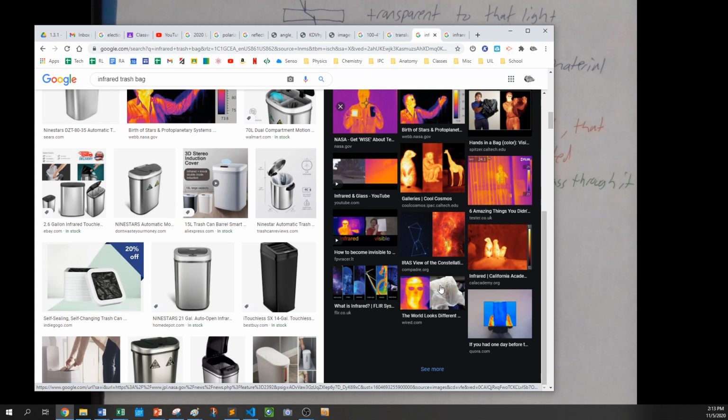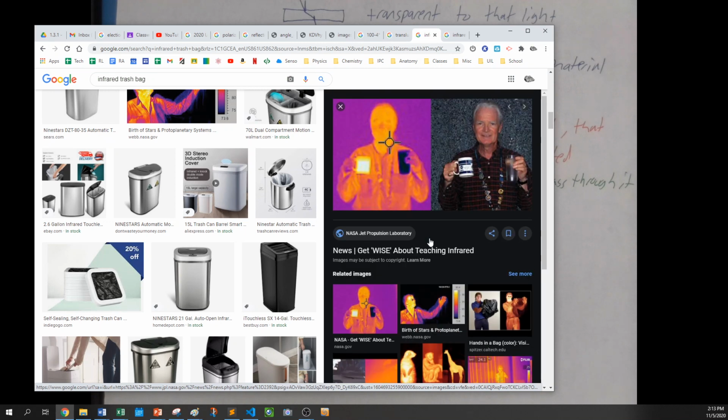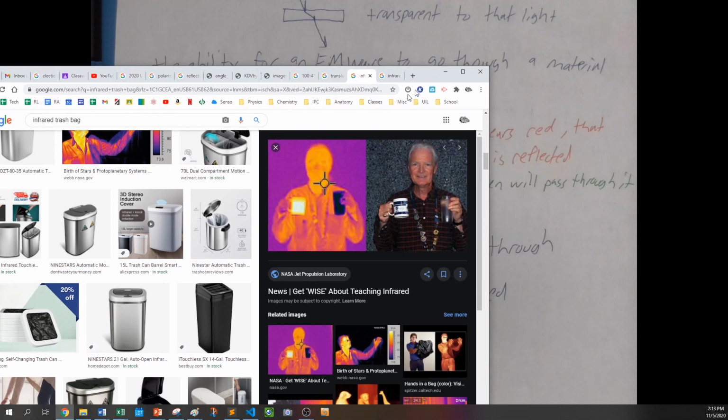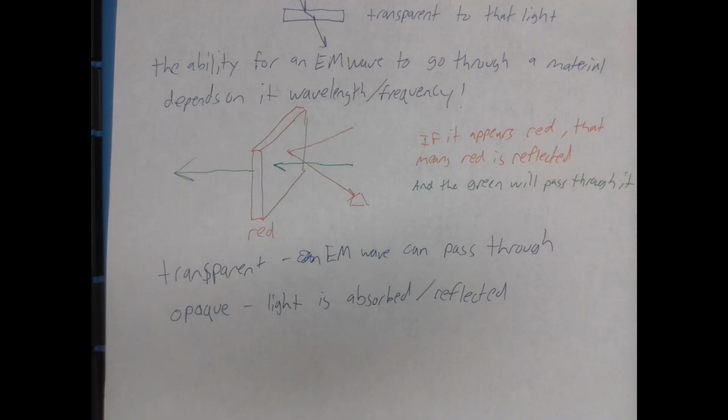If it's plastic, it depends on what type of plastic it is. That's another use for infrared.